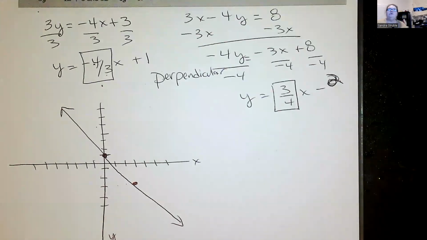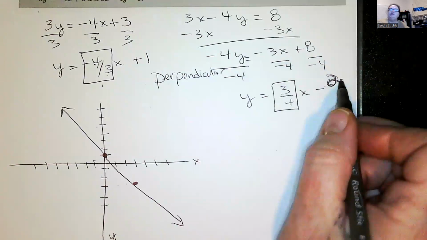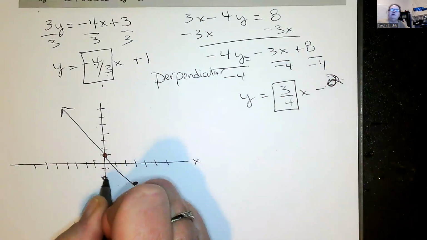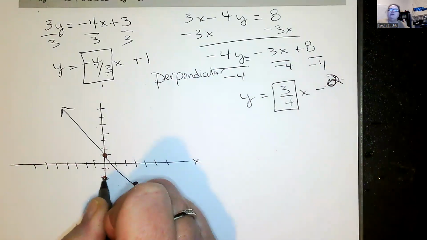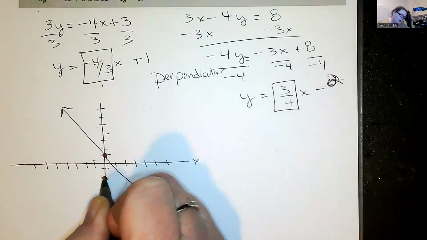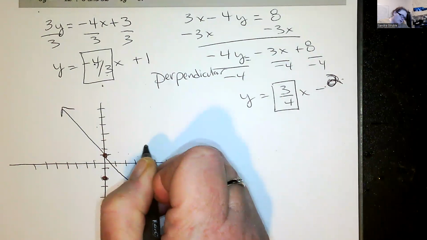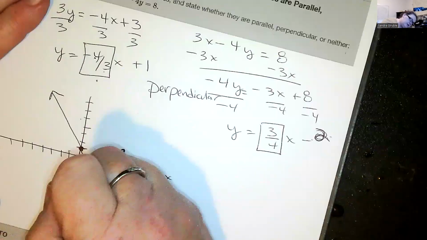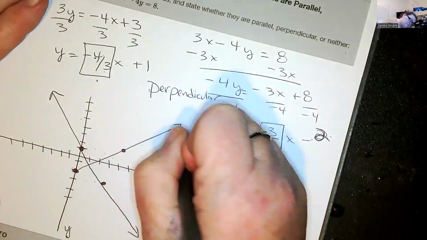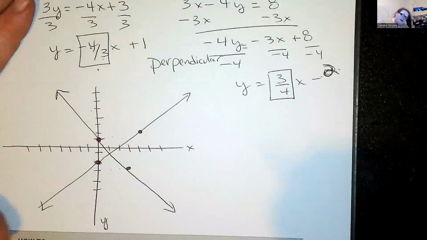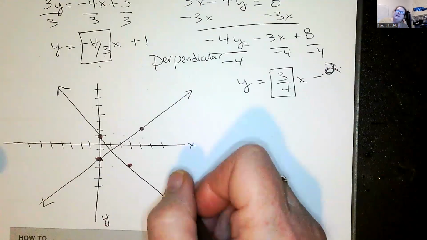All right, then the next one is just -2 as my y-intercept. And then from my y-intercept, I've got a slope of 3/4. So I'm going to go up 3, 1, 2, 3, and over 4, 1, 2, 3, 4. It's pretty darn good. So the last thing I have to do, because it's going to make me crazy if I don't, is name my babies.